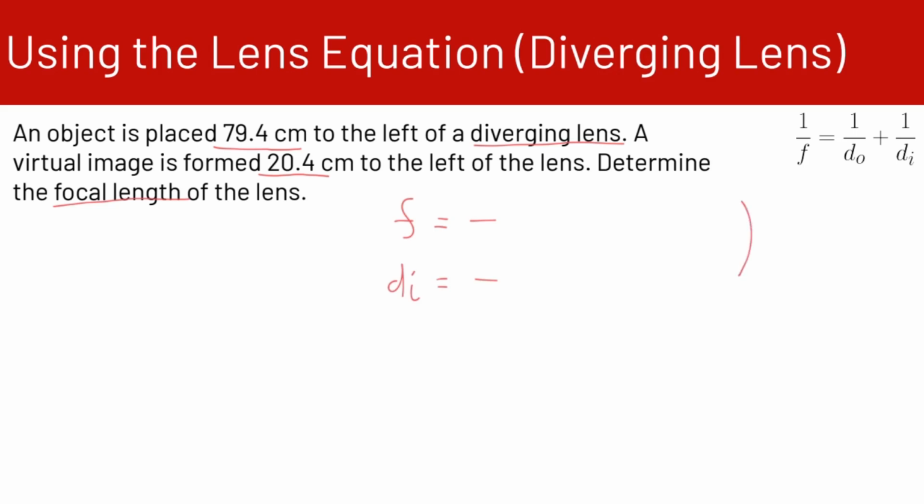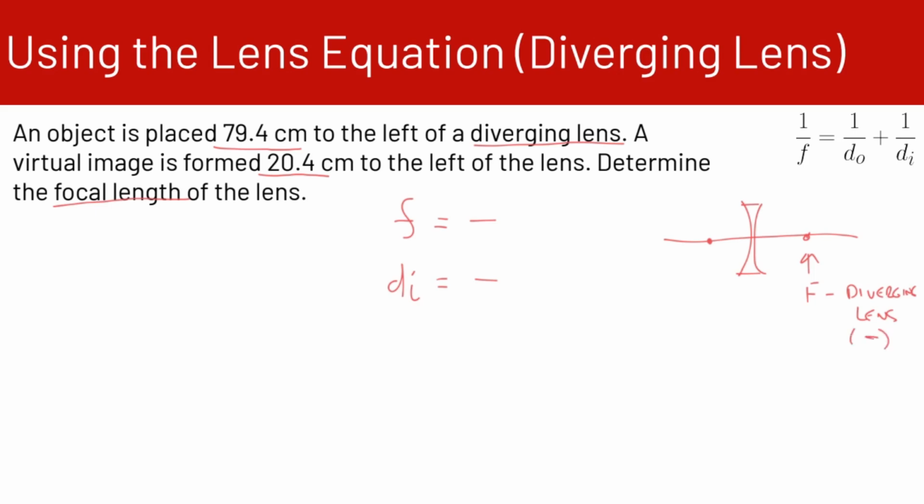So if we have a diverging lens here, we have a focal length here and a focal length here. This is the focal length for a diverging lens, and it's negative.